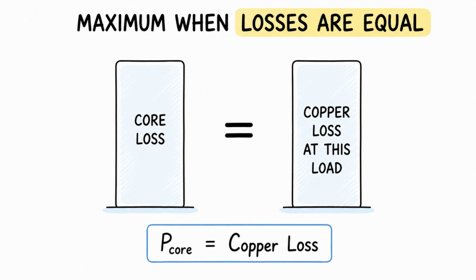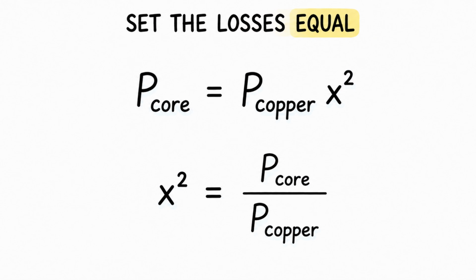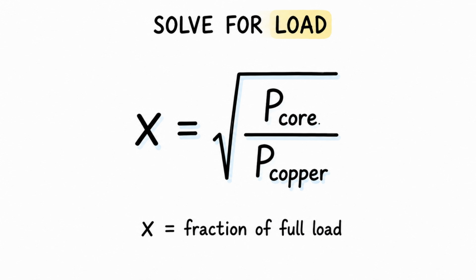Maximum efficiency occurs at the exact load level where the fixed core losses perfectly equal the variable copper losses. Let us solve for that point now. Setting P-core equal to P-copper multiplied by X squared, and solving for X, gives X squared equals P-core divided by P-copper. Therefore X equals the square root of P-core divided by P-copper.